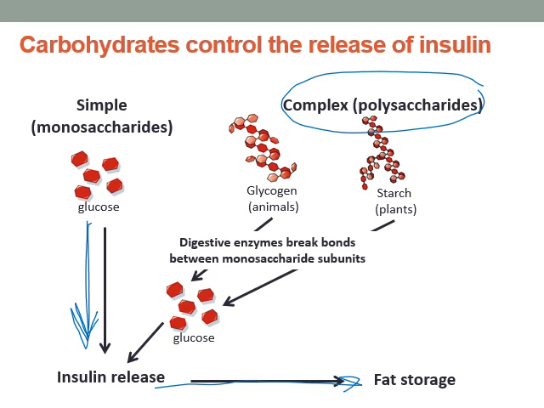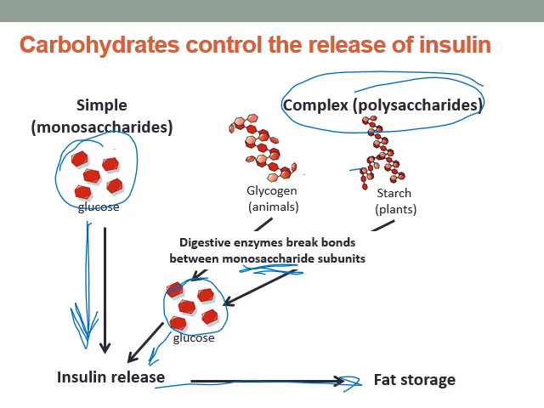Instead, we want to go for the complex guys. So we can get these from glycogen, which we usually find in animals, or maybe starch that we find in plants. We have to have some digestive enzymes that can break the bonds between these polysaccharides to make them into monosaccharides. So now we're breaking them down into glucose, okay? And then it's leading to insulin release. So you can see our simple monosaccharides, they start as glucose right away.